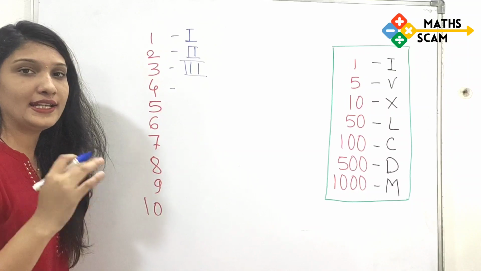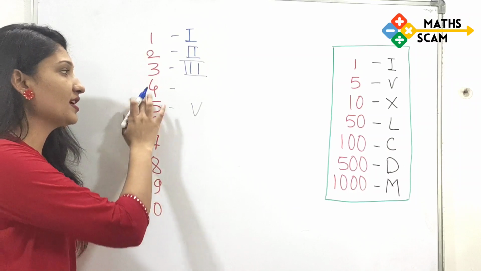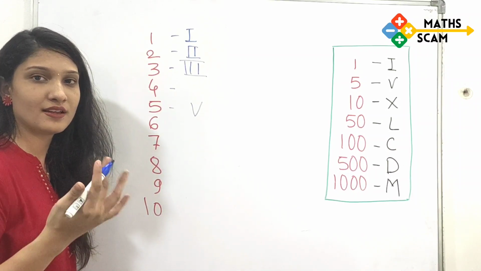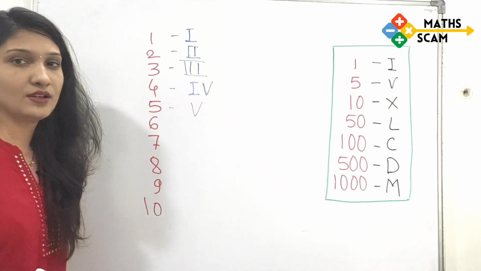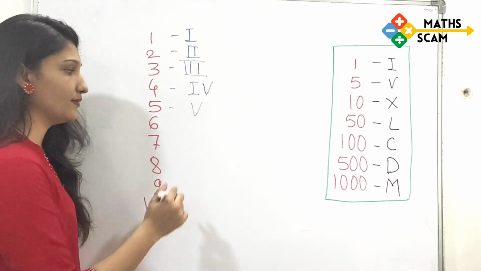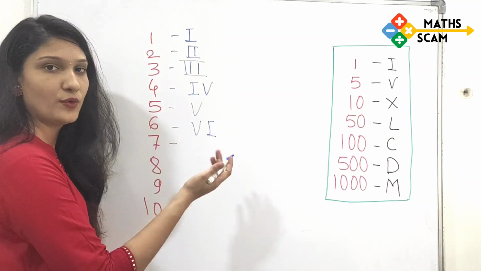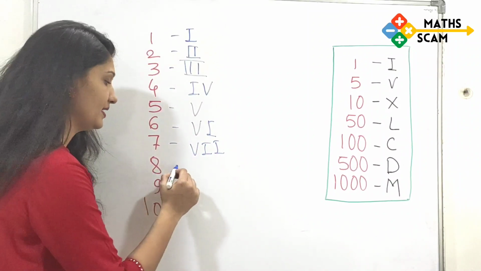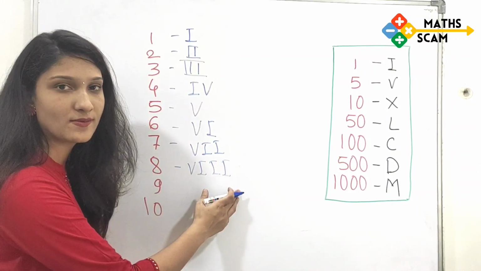Okay. First we will write 5. 5 is written as V. So 4 comes before 5. So we get 5 minus 1. It will be 4. So 1 is I and V is 5. Next, 6 comes after 5. So we can write VI. 7 as V double I. 8 as V triple I. So can we write 9 as V four times I?